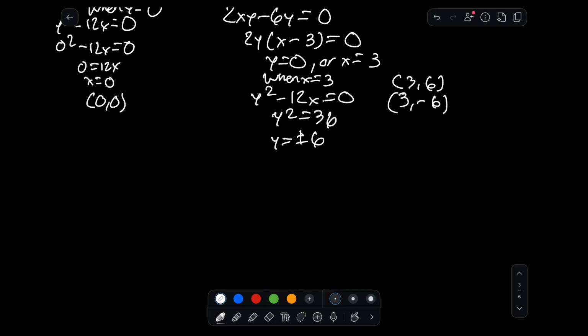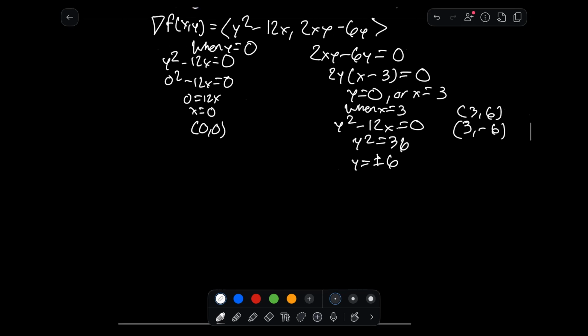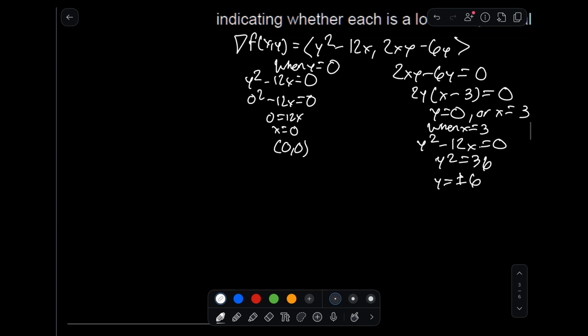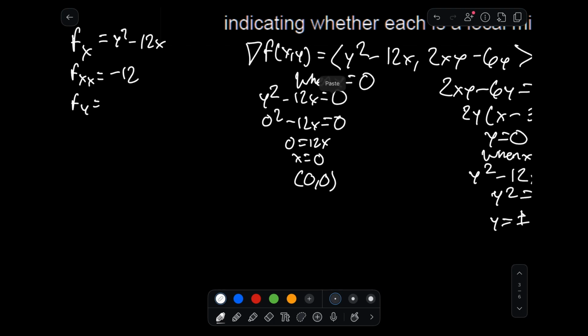And now we can use our second partials test to solve for this, right? So we have our first partials right here, and we can just take the second partials real quick. So we have f sub x equals y squared minus 12x, so f sub xx equals negative 12. f sub y equals 2xy minus 6y, so f sub yy equals 2x minus 6.